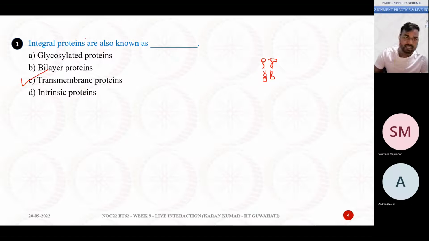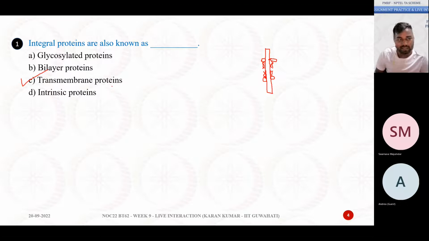So in that, the integral proteins are those proteins which are present across the membrane, which have both a hydrophilic region, a hydrophobic region, and again a hydrophilic region. There are three regions. Because they are present across the membrane, they are called transmembrane proteins.